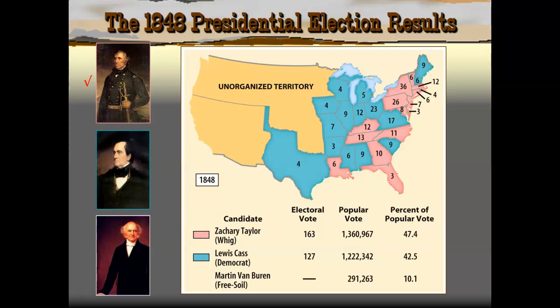So let's just go back to it. And then there is the radical, extreme Southern view of allowing slavery anywhere, at any time, even on free territory. This is John C. Calhoun's view.